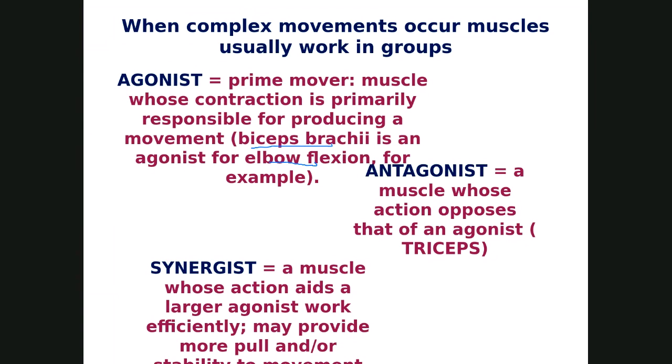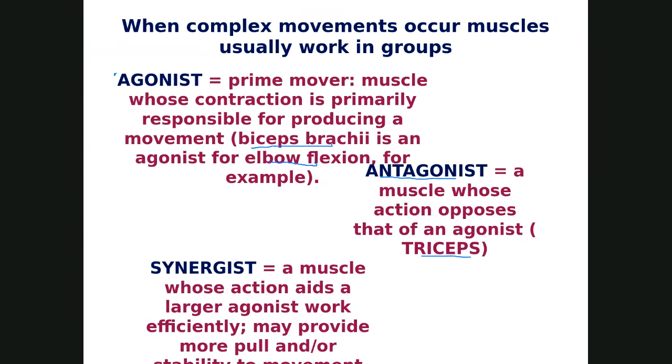So this muscle, which is the triceps, is located in the same region as the biceps brachii, but on the posterior region of our upper arm, and that's called the triceps. So in order for elbow flexion to occur and the biceps brachii to contract, the triceps has to relax in order for this to occur, and this relationship is called agonist and antagonist.